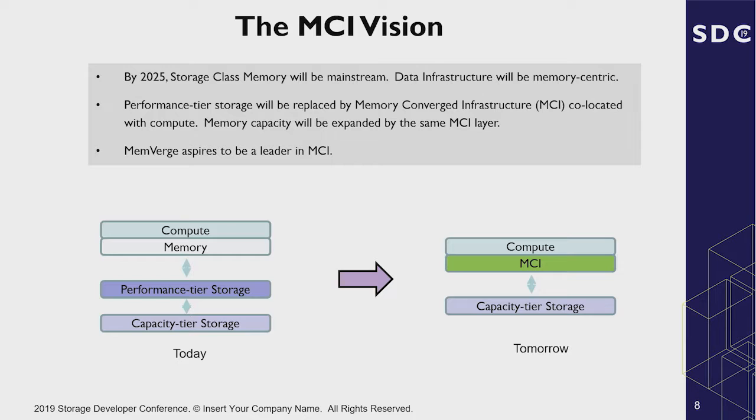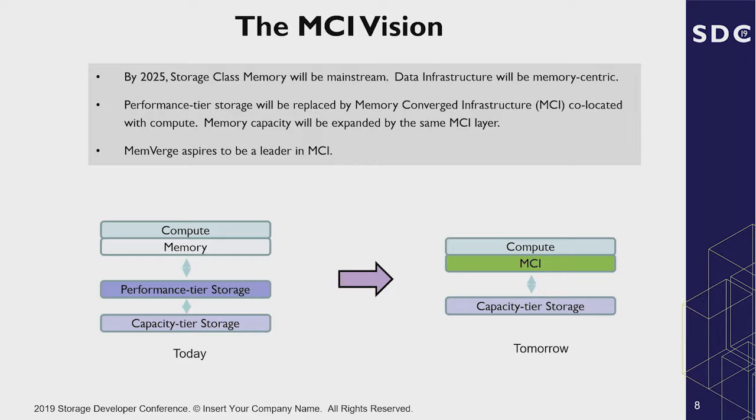Essentially, that will offer at least one order of magnitude, maybe more, in the capacity of memory available to the applications. It will also have persistence capabilities and software enablers built on top of it, such as the solution that we built, so that will make the primary tier storage obsolete.